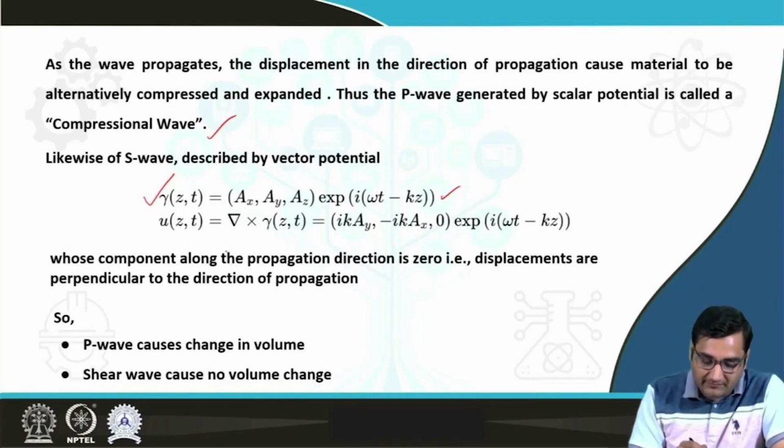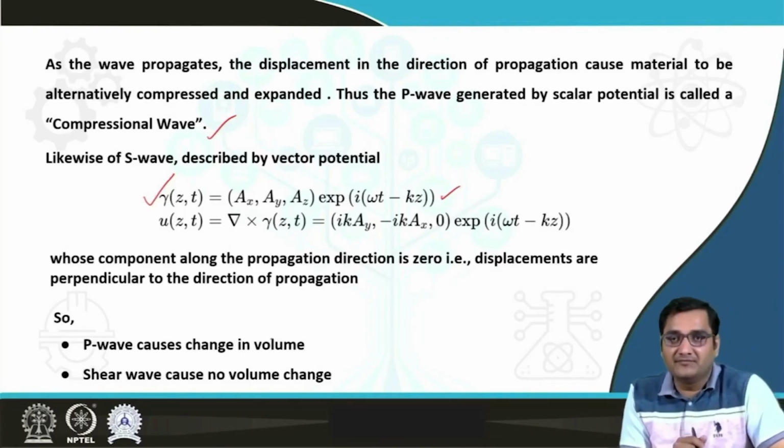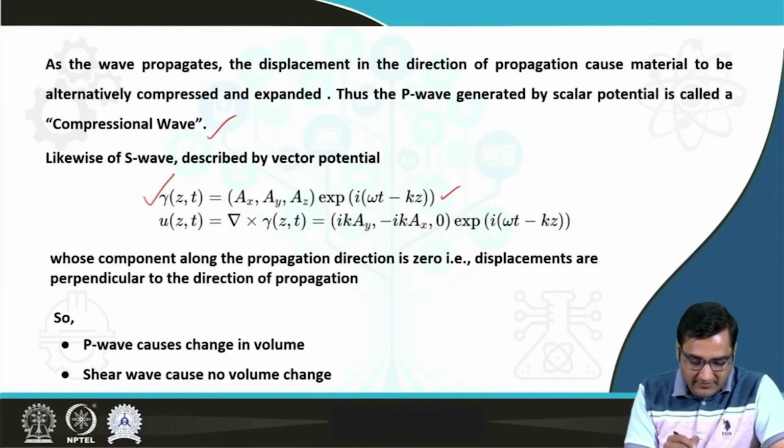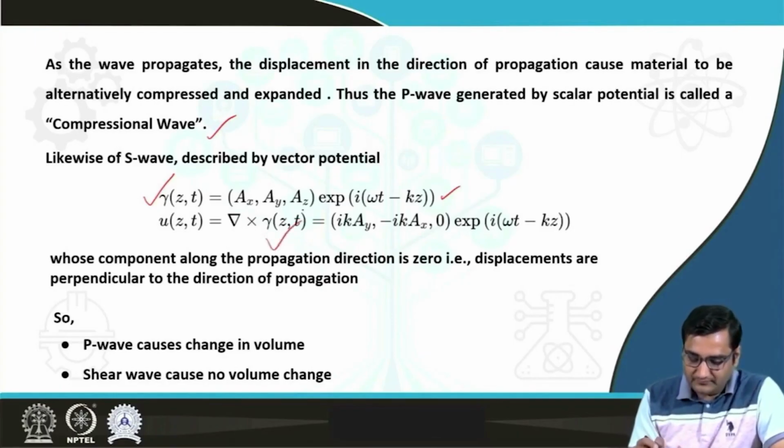To find the displacement of the particles along which the shear wave is traveling, you can take the curl of the vector field of the shear wave, and it may become something like that.